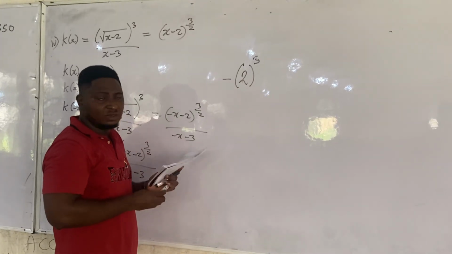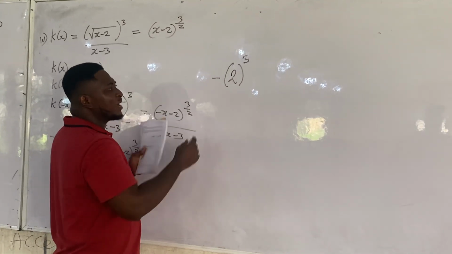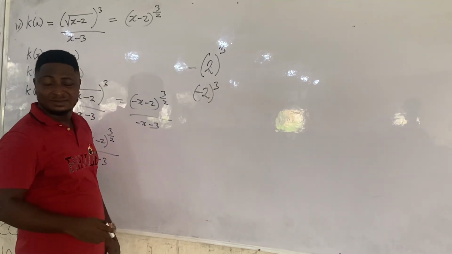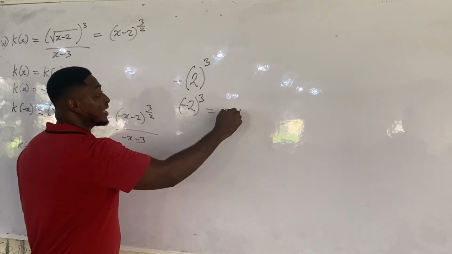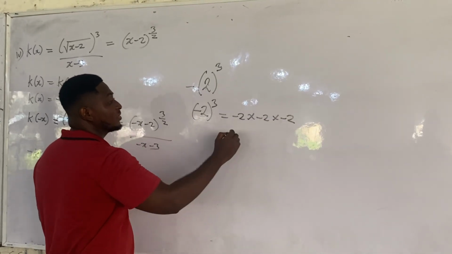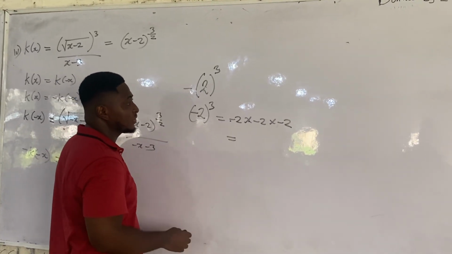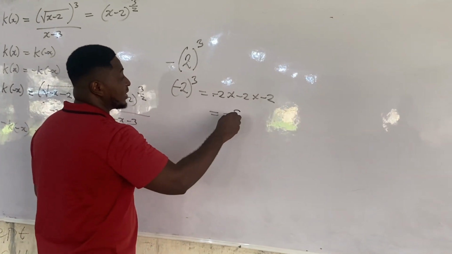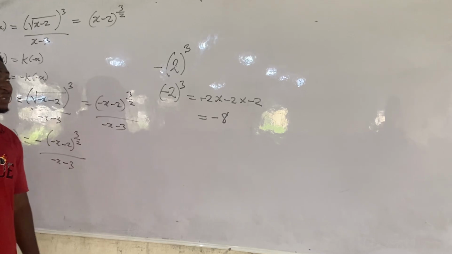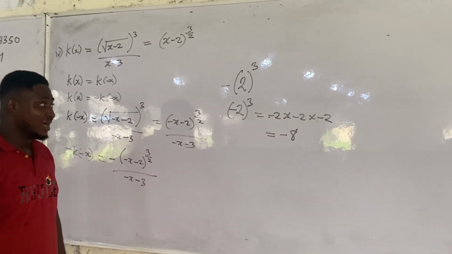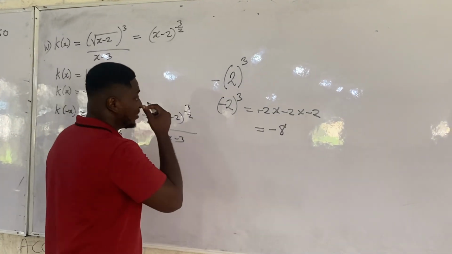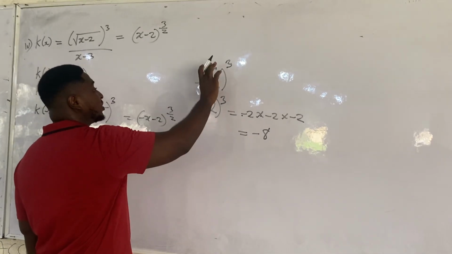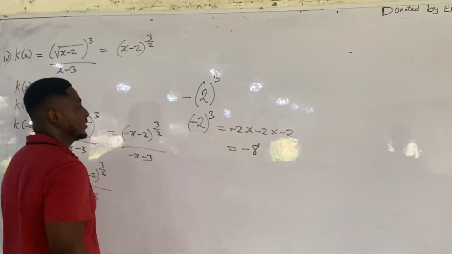Minus 2 raised to power 3 means minus 2 times minus 2 times minus 2. You might be lucky in this case to have the same answer, but not in all cases. Normally you should first deal with the 2 raised to power 3, then attach the minus.